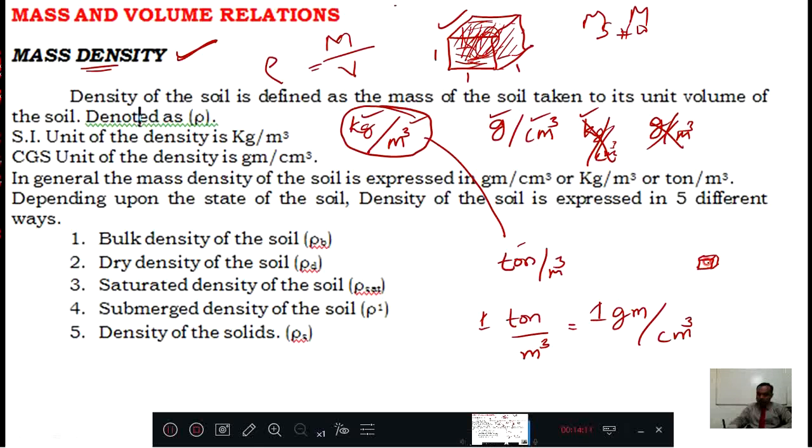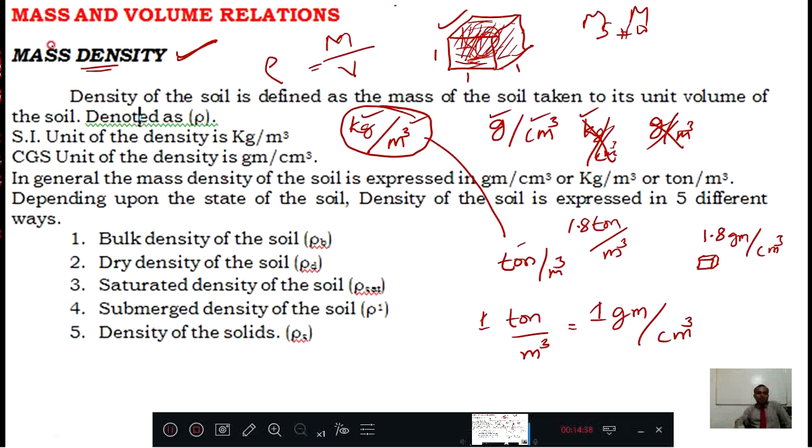If a small box takes 1.8 gram of soil in 1 centimeter cube, then the big box will take 1.8 tons per meter cube. Therefore these two units are one and the same, and the numerical value will be the same.